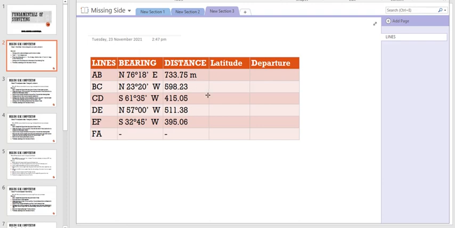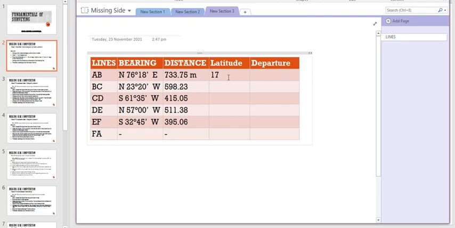So line A to B, 733.75 times cosine of 76 degrees 18 minutes. That is 173.78 meters positive. Okay, BC 598.23 times cosine of 23 degrees 20 minutes, 549.